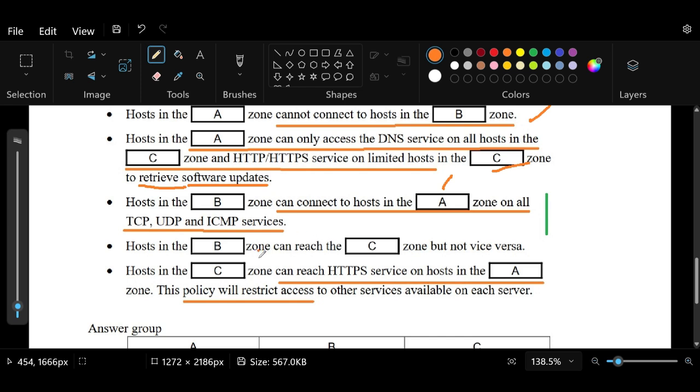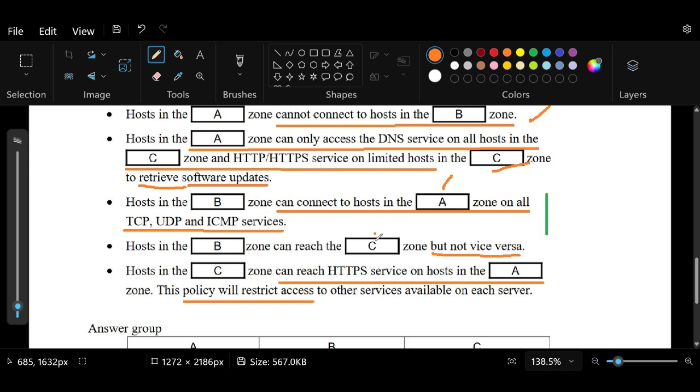Now, if we continue on, we see that the private zone can reach the internet, the public zone, but not vice versa. I think that's also okay. And I think in this case too, we may think that C would be the DMZ zone too. It looks okay too, but again, if we check the other statements, it looks like it's not the public zone.